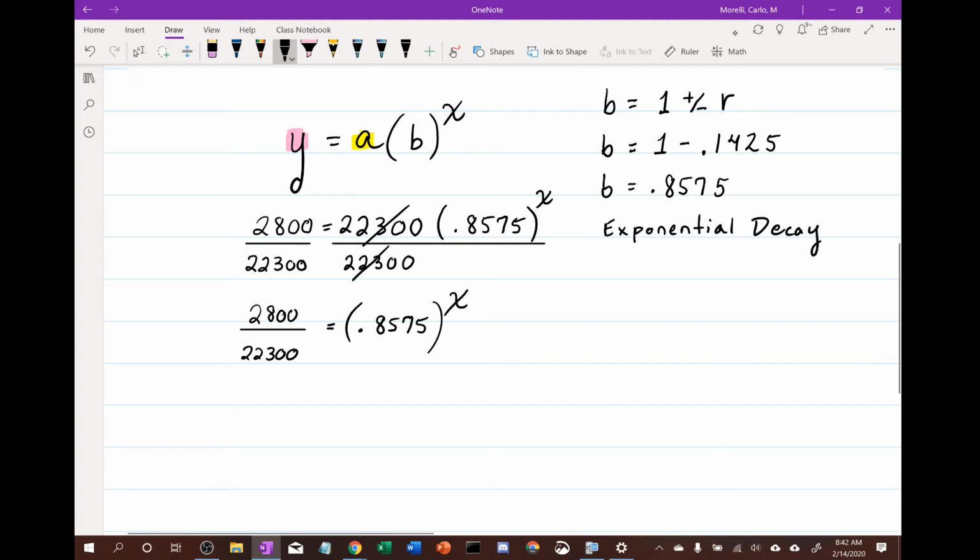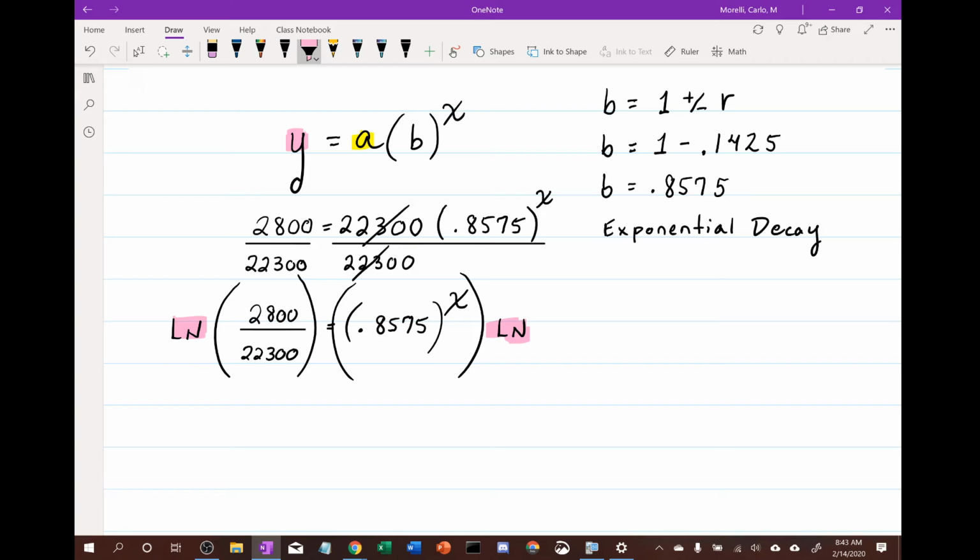So now what I'm going to do is, here, I'll show you how we write this. I'm going to take the natural log of both sides, okay? And I like to do it this way so you see that it is a mirror image. I'm doing the same thing to both sides.